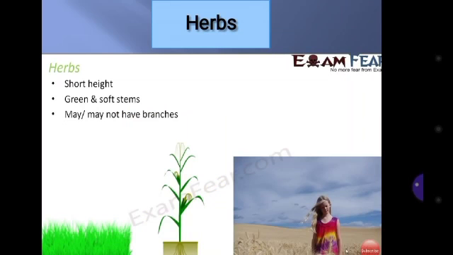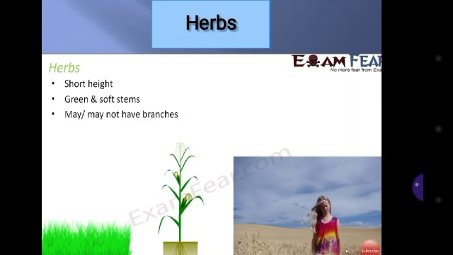Herbs. Short height is most important in herbs. They have green and soft stems. When we look at those plants, their stems are very tender and soft. They do not have a brown stem at all.